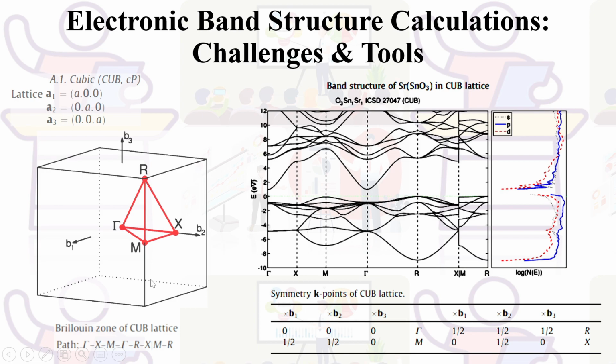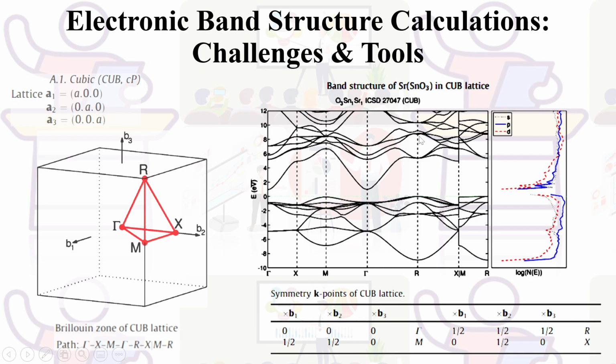This structure has a Brillouin zone path from gamma to X, X to M, M to gamma, gamma to R, R to X, and then M to R. These are the symmetry points. When we use this path, we will get the band structure.